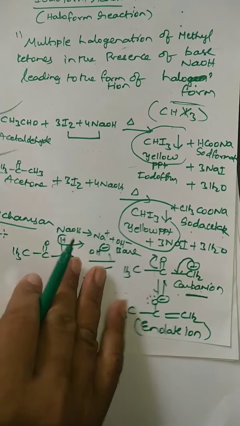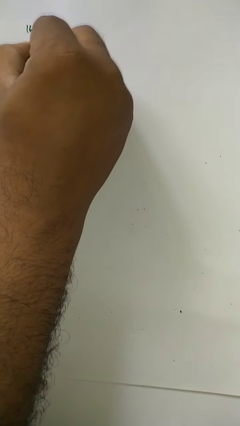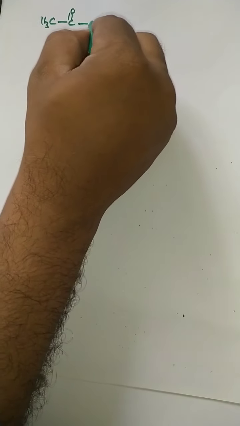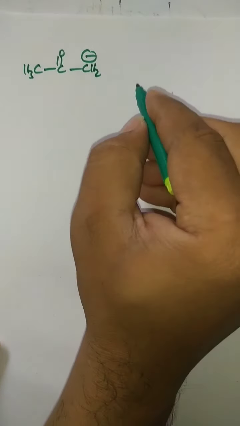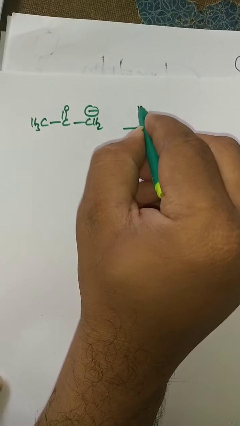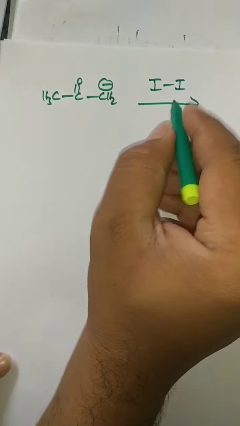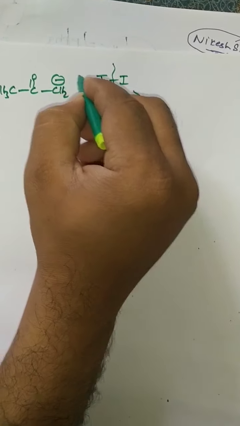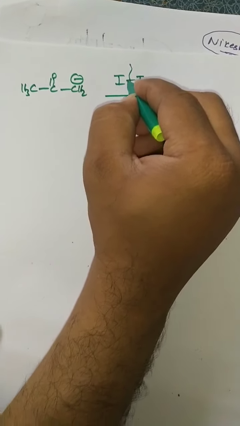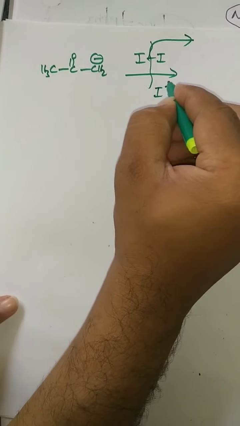Now step 2. See what I am taking here. Carbanion, CH3CO CH2-. This carbanion interacts with any halogen, iodine. Here the bond gets cleaved and I minus will be eliminated.